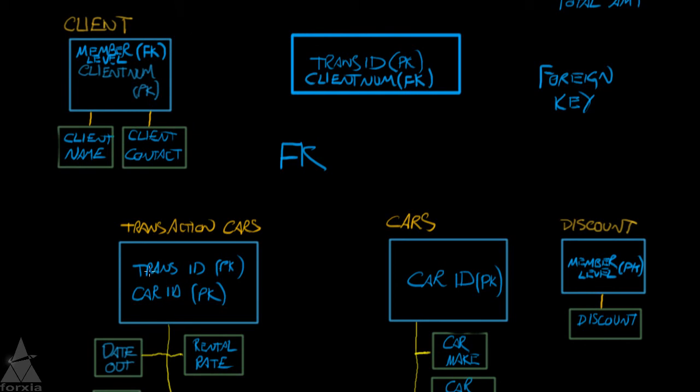It contains the transaction ID, primary key, it's linked back, it's connected, so it's not going to fall down. Car ID, since transaction cars is connected, car ID links back to transaction cars, it's not going to fall down. Discount, the member level, we just created a foreign key there, that's going to create a link to the discount, and since client is already connected to our main booking transaction, discount is not going to fall down. So at this point, our database third normalization is complete.